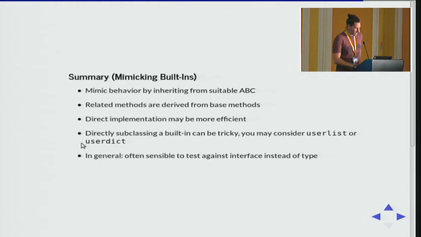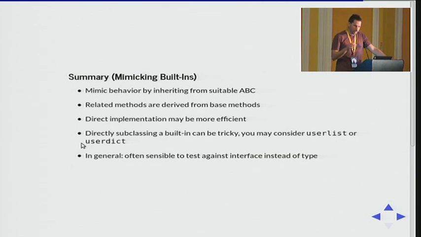So to sum this up, if you want to mimic the behavior of a built-in, you go to the collections ABC documentation, see which aspects you'd like to have implemented, and then you choose what you need. Then you instantiate this very dummy implementation. It won't work because the required methods are not implemented, but the error will tell you what you need to do.